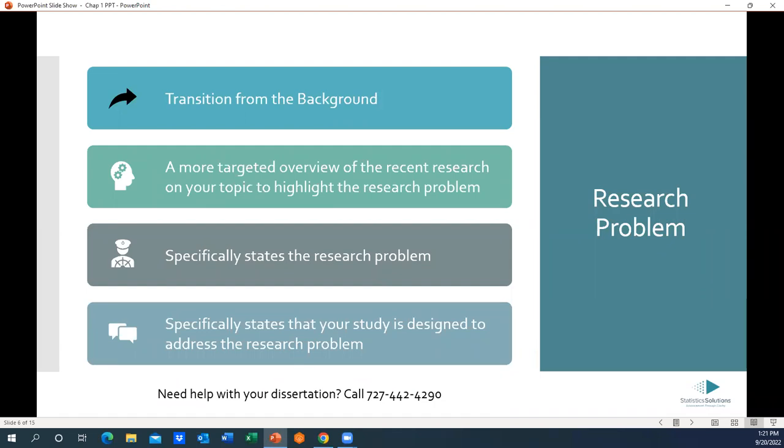And then once you state, well, we don't have research on this, your reader gets it because you've shown them, well, we have research very close to this, but not exactly what I'm intending to do. So that's one way to think of how to frame your research problem when it's a gap in knowledge.